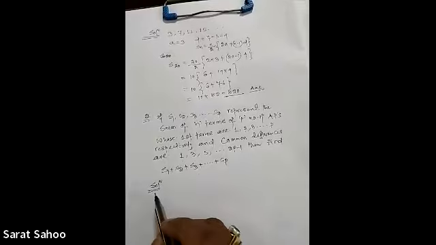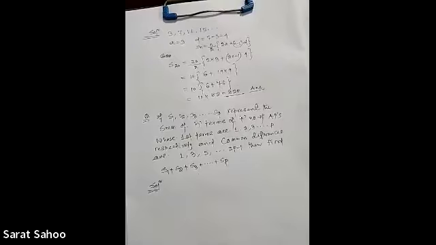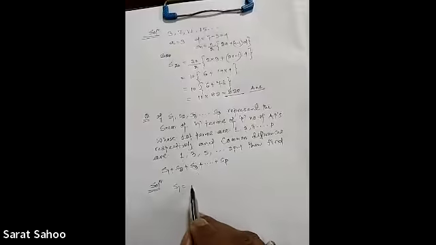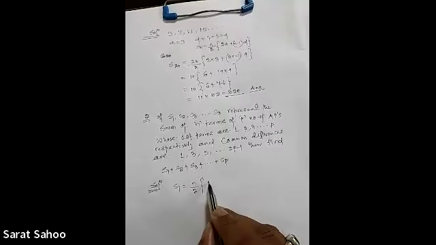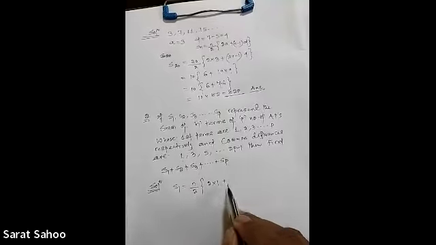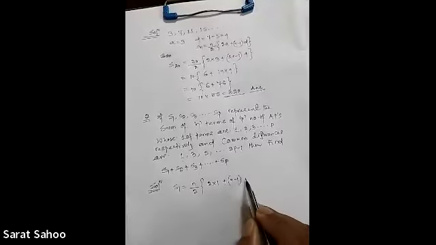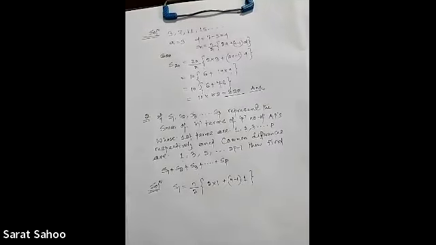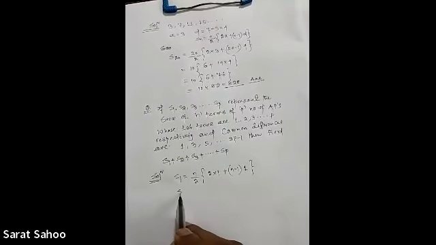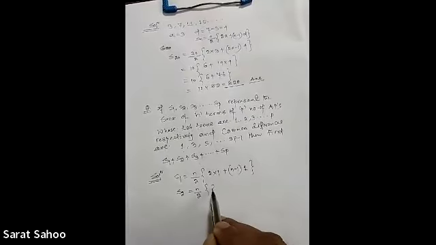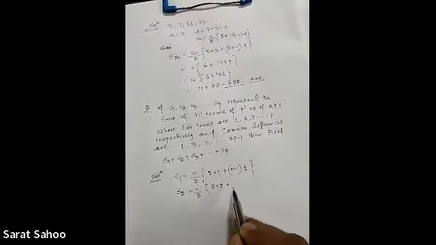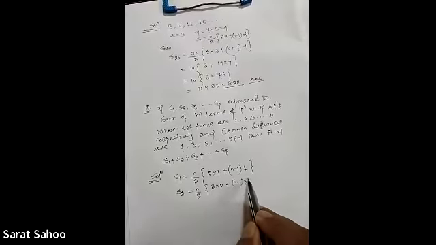S1 is the sum of n terms of the first AP, whose first term is 1 and common difference is 1. So S1 is equal to n by 2 into (2a, that is 2 into 1, plus n minus 1 into d, which is 1). Similarly, S2 is equal to n by 2 into (2 into 2 plus n minus 1 into 3).